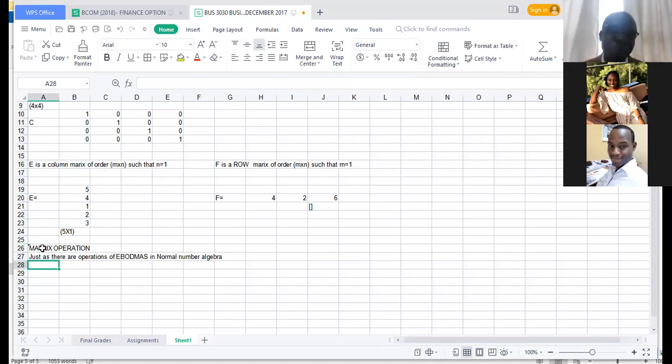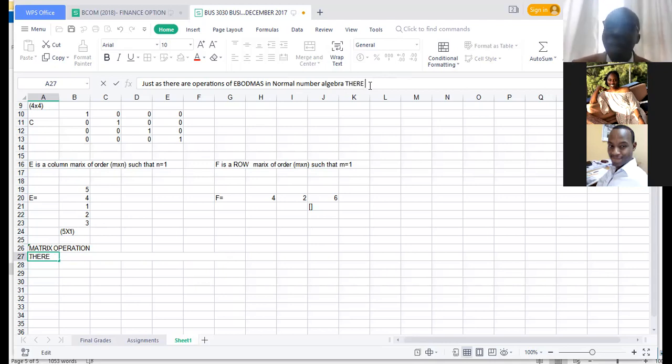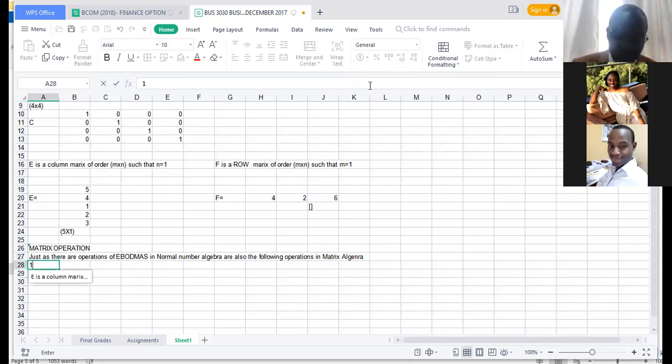So just as there are these operations in normal number algebra, there are also the following operations in matrix algebra. These are the only operations you have in matrix algebra. Number one, addition.